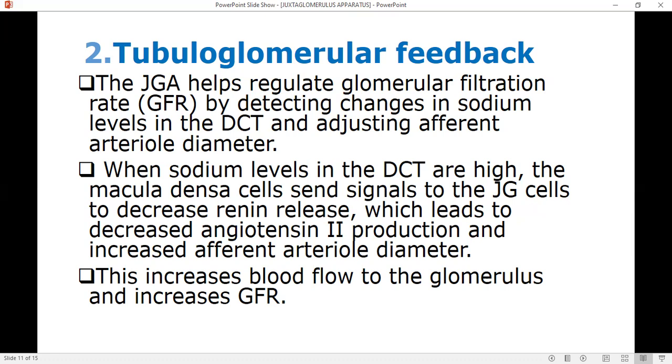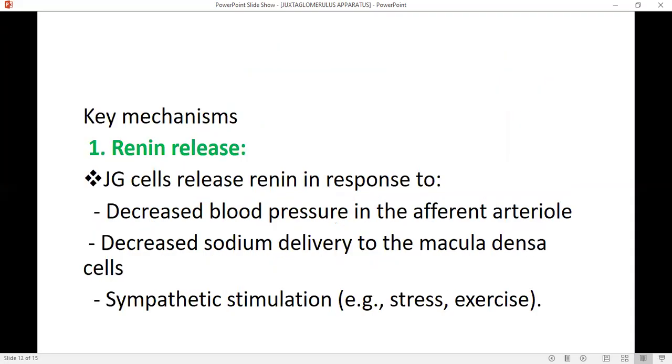Glomerular filtration rate is just about this: blood is coming from the circulation. How much of it is going to enter the Bowman's capsule to be filtered in the other system? That's the glomerular filtration rate. And I said it's approximately 125 milliliters per minute. That's the amount of blood that enters into the Bowman's capsule.